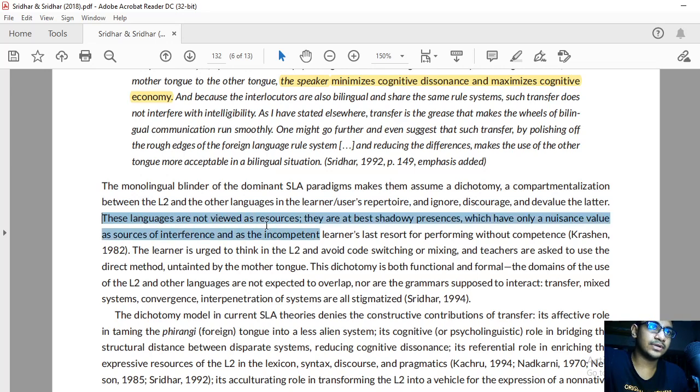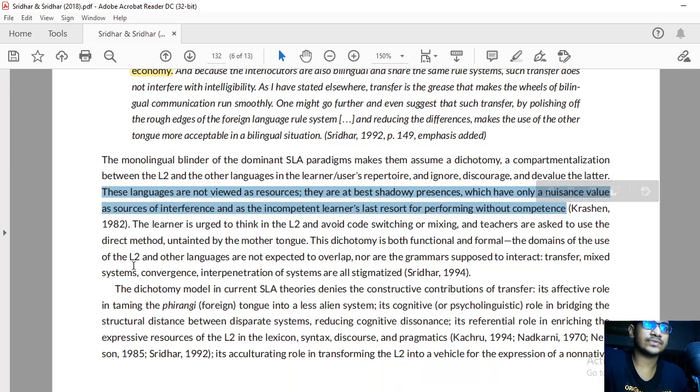These languages are not viewed as resources. They are at best shadowy presences which have only a nuisance value as sources of interference, and as the incompetent learner's last resort for performing without competence. So other languages were considered totally disadvantageous.